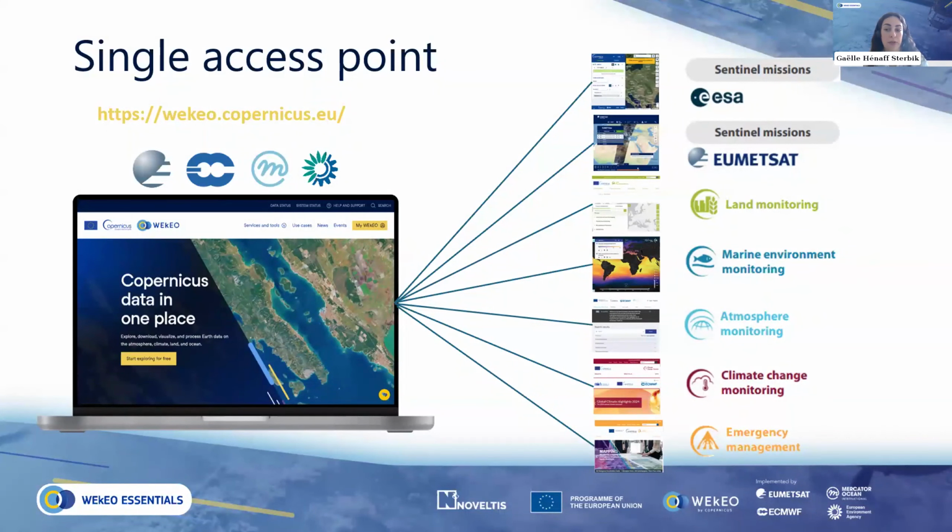Through wekeo.copernicus.eu, you can explore the comprehensive data catalog, leverage cloud computing tools directly on the platform, discover practical use cases and training materials, and participate in dedicated events like the one today. All data is freely available, and only a simple registration is required to download or process datasets. This new version of WEkEO is all about improving accessibility and helping you move seamlessly from discovering data to analyzing and applying it. It's everything you need in just one platform.